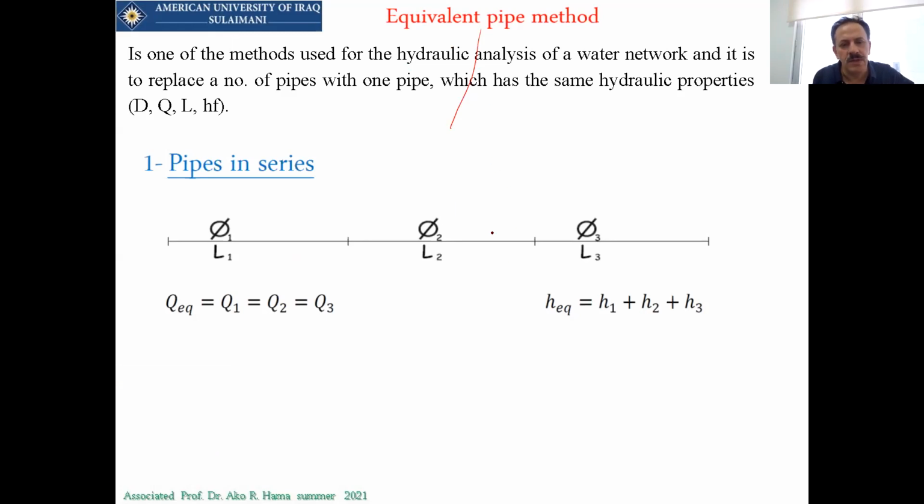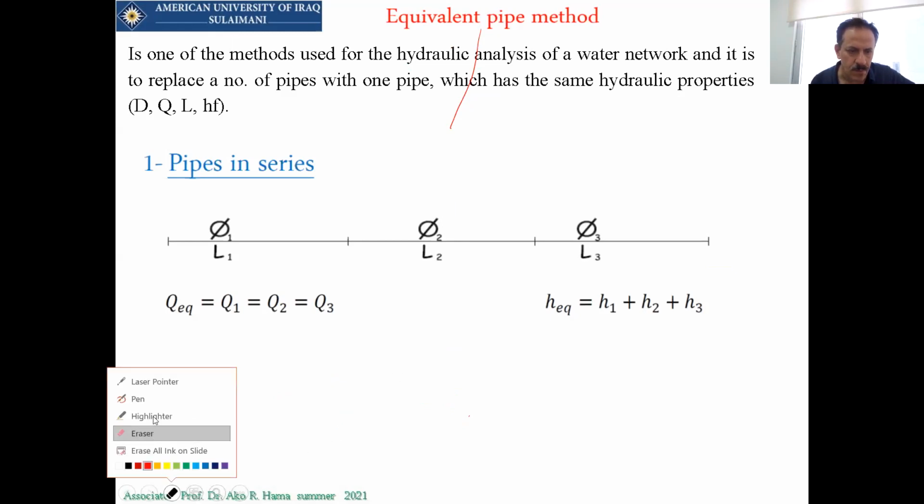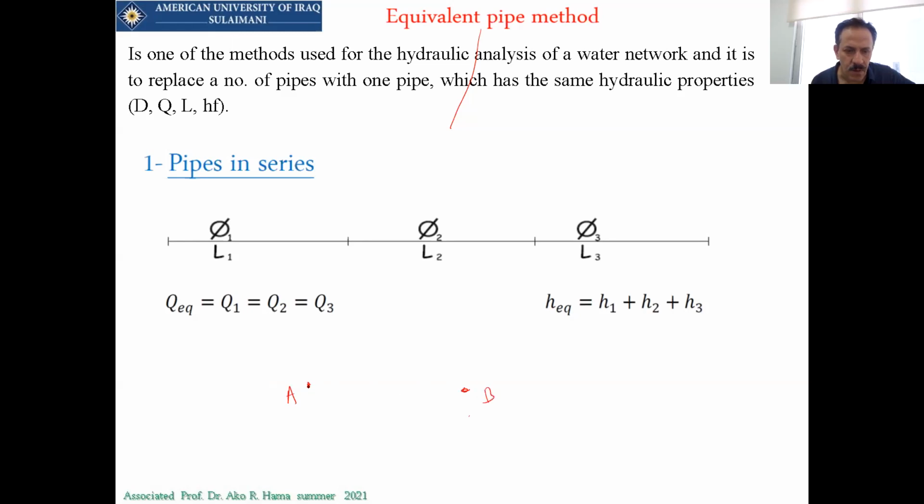The pipes will usually be put in this way. Either it will be put in this way. For example, this is A, B, and this is C, D. So the pipe, we have A, we have B, and we have the pipe from A to B, pipe 1.